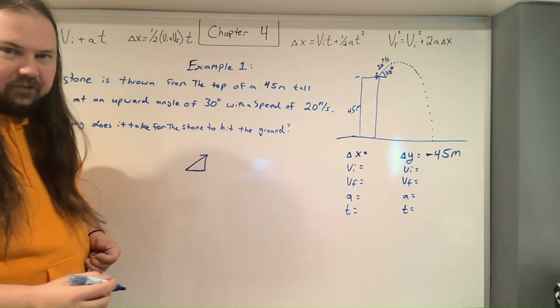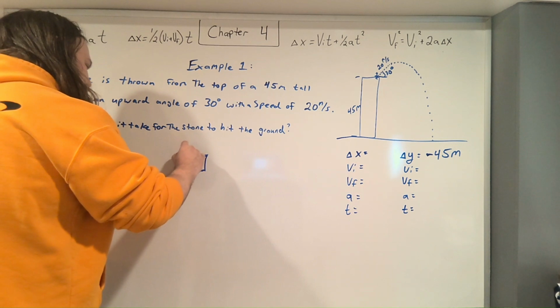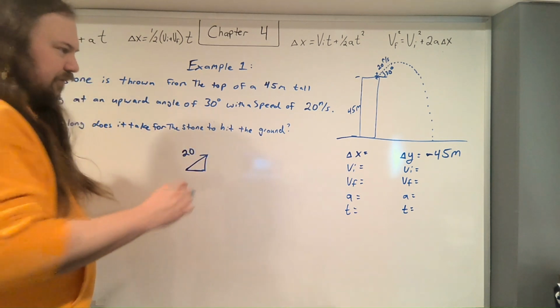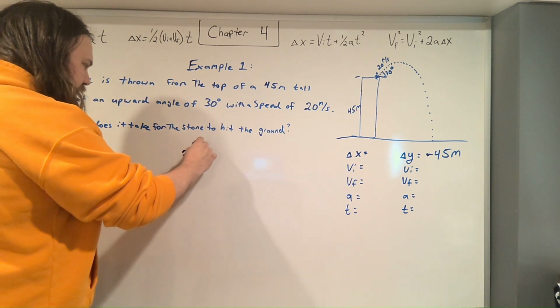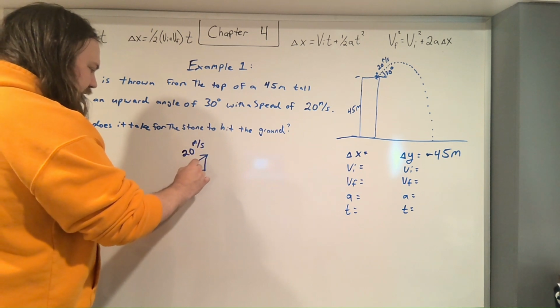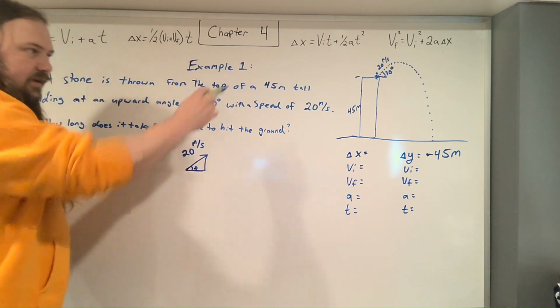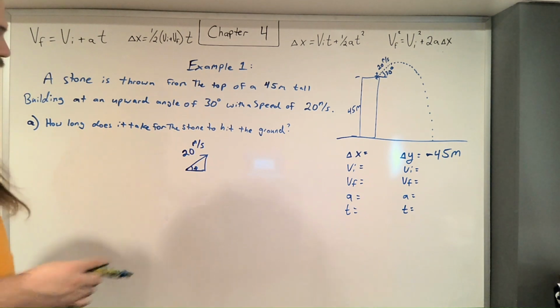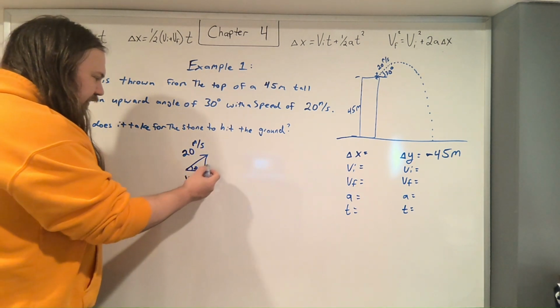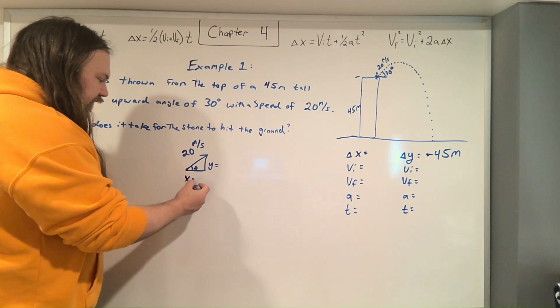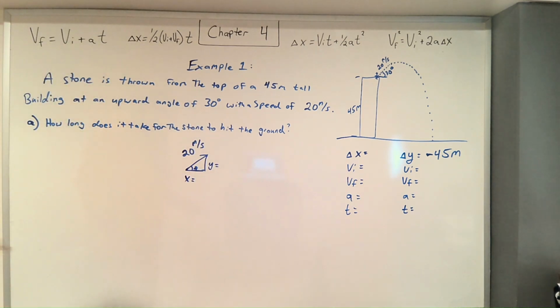Okay. So what I want to do here is let's draw out a triangle. The hypotenuse of this triangle is 20 for the meters per second. The angle in here is 30 degrees, same as it was given up in the problem. And I am looking for the x and the y components of that triangle.